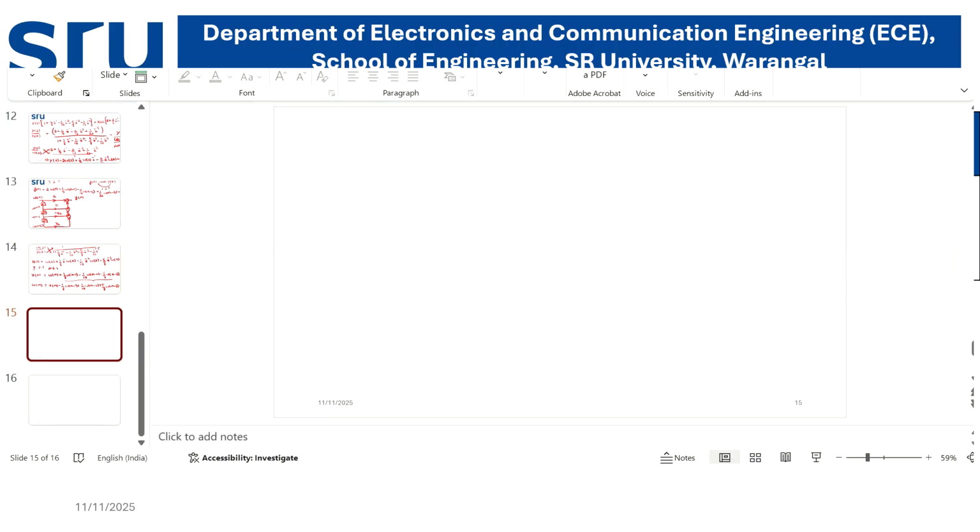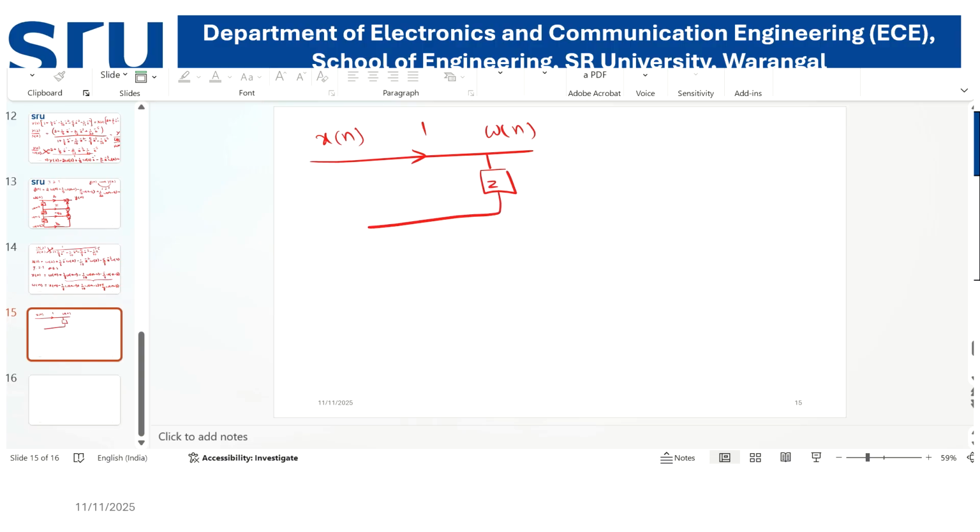Now again realize the circuit for equation number 3. In equation number 3, x of n is the input and w of n is the output. The coefficient for x of n is 1, and if you identify, only w of n is delayed by a number of samples. So first, to get w of n minus 1, it is delayed by the first sample.